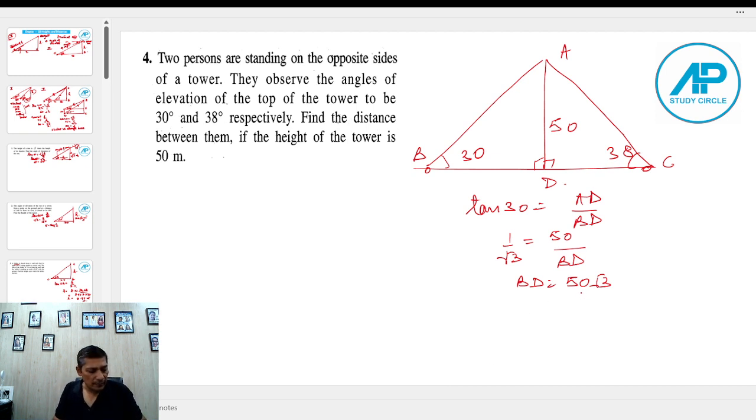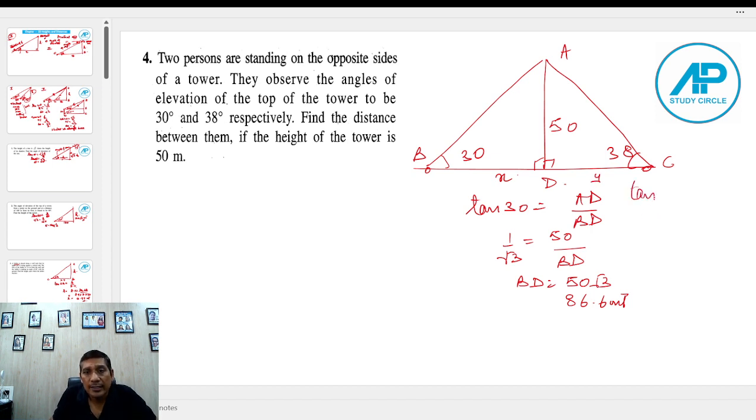You can multiply 50 by 1.732. It gives me 86.6 meters. For the second triangle, I've got the value of BD from here, right? And now I'm going to find the value of CD from here onward.